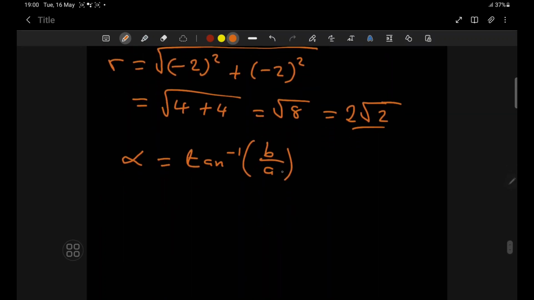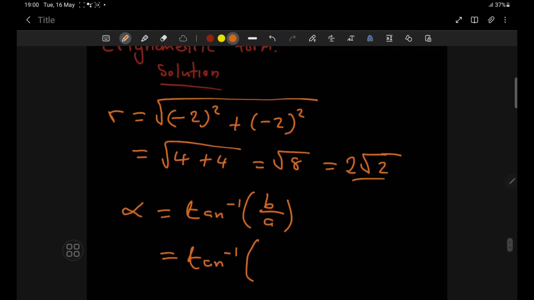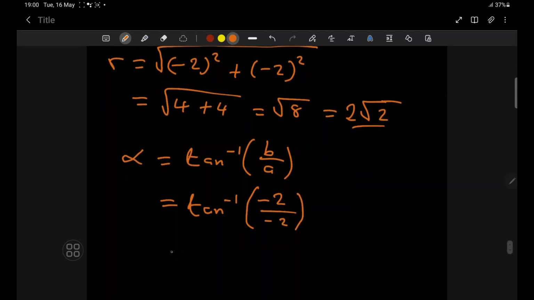Remember our b is the imaginary, our a is the real. So that would be tan inverse of, our b is -2 and our a is -2. So this gives us 1, and the tan inverse of 1 is 45 degrees.